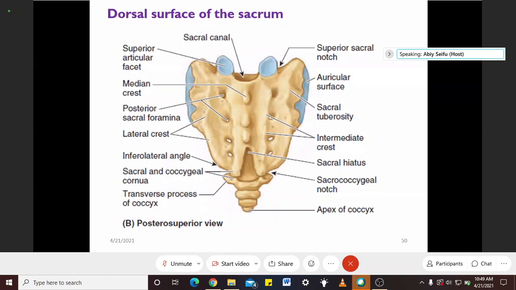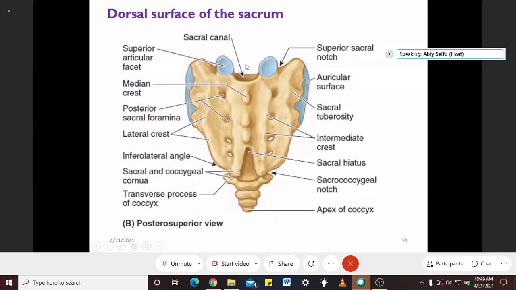The spinous process is medial, and somewhat laterally there are the superior and inferior articular processes, and more laterally there is a transverse process. But in the sacrum, those processes fuse together and form longitudinal crests.